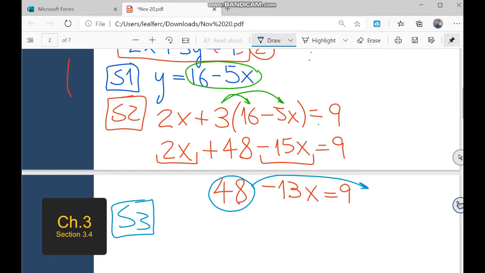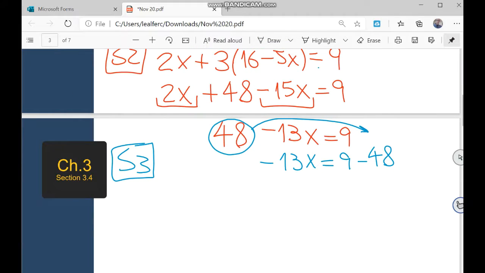So move 48 to the right hand side, and you will have negative 13x equals 9, and positive 48 is going to become negative 48. Negative 13x equals 9 minus 48, negative 39.